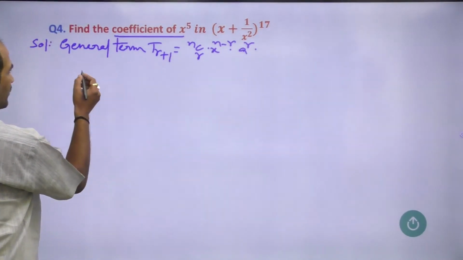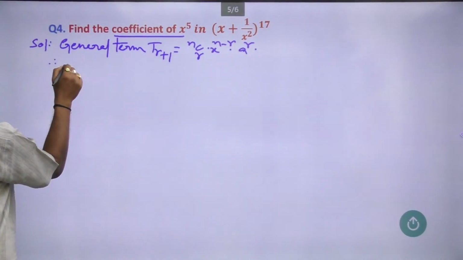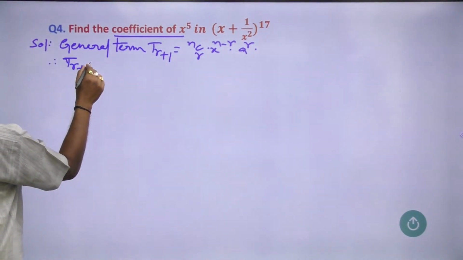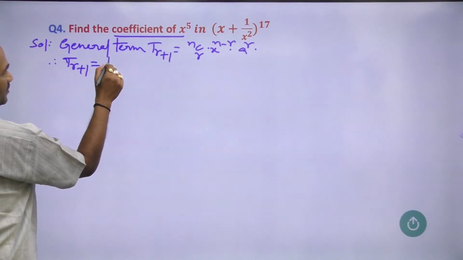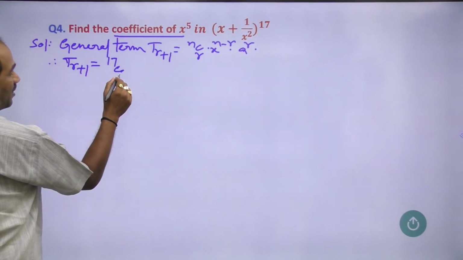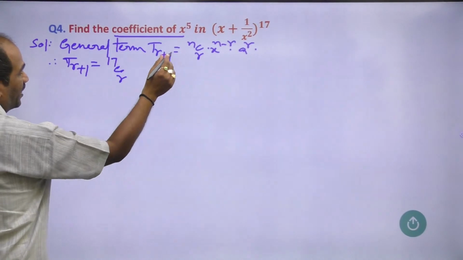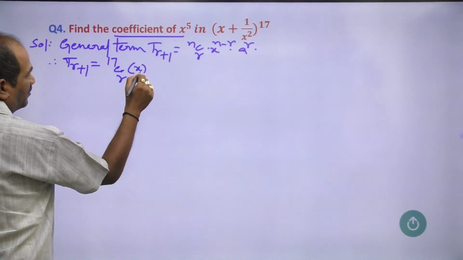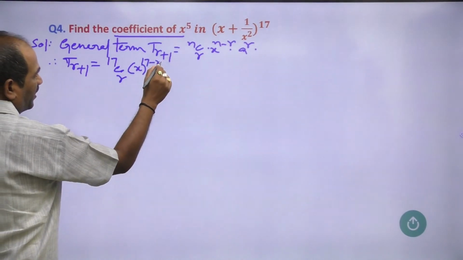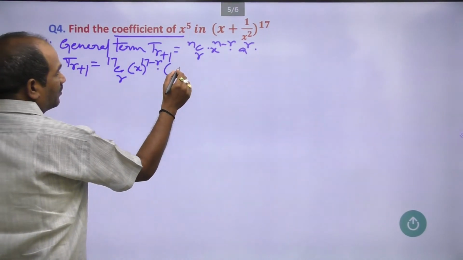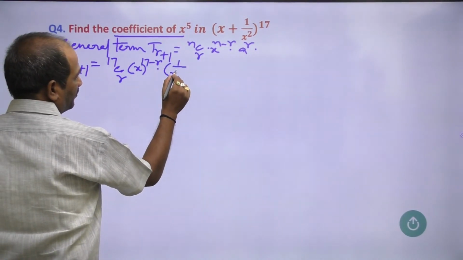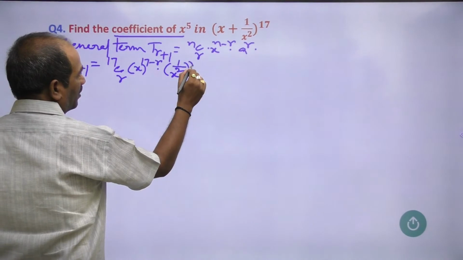So T(r+1) is equal to 17Cr into x power 17 minus r into (1 by x square) whole power r.